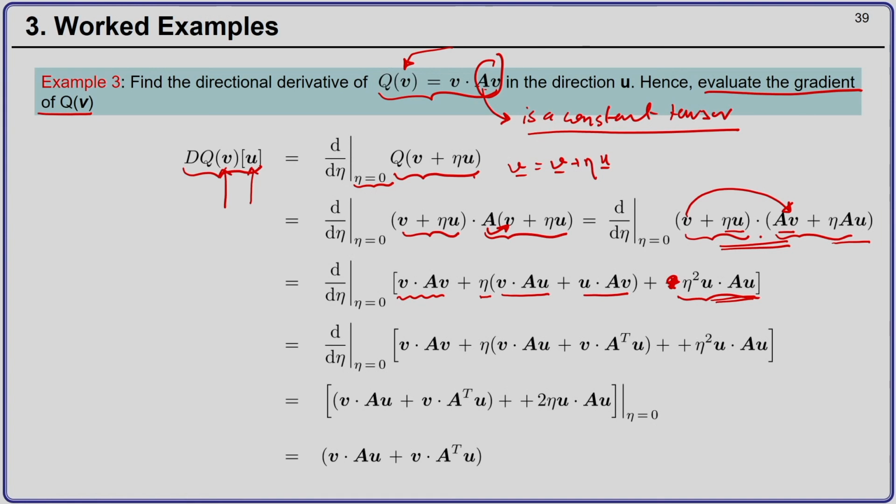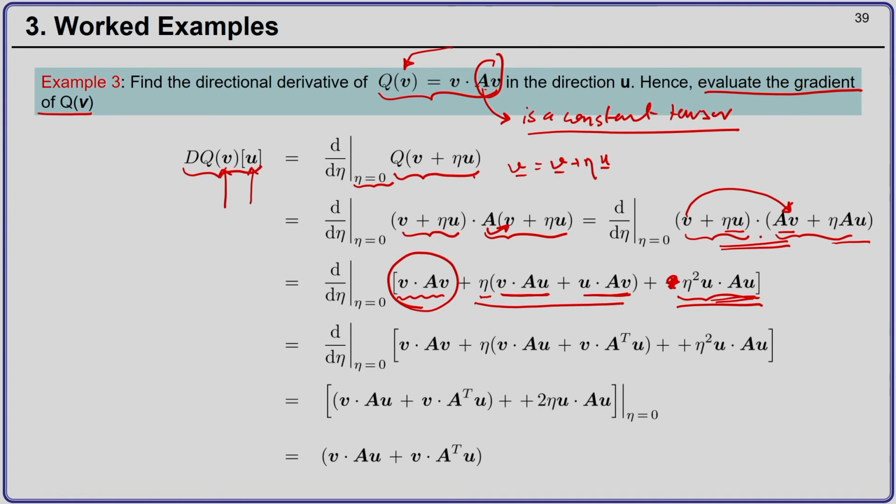Now, we have to take the derivative with respect to eta. Our first term over here does not have any eta. We have a linear term in eta and we have a quadratic term in eta. But before we proceed further, we can see we have v dot A u here and we have u dot A v here.